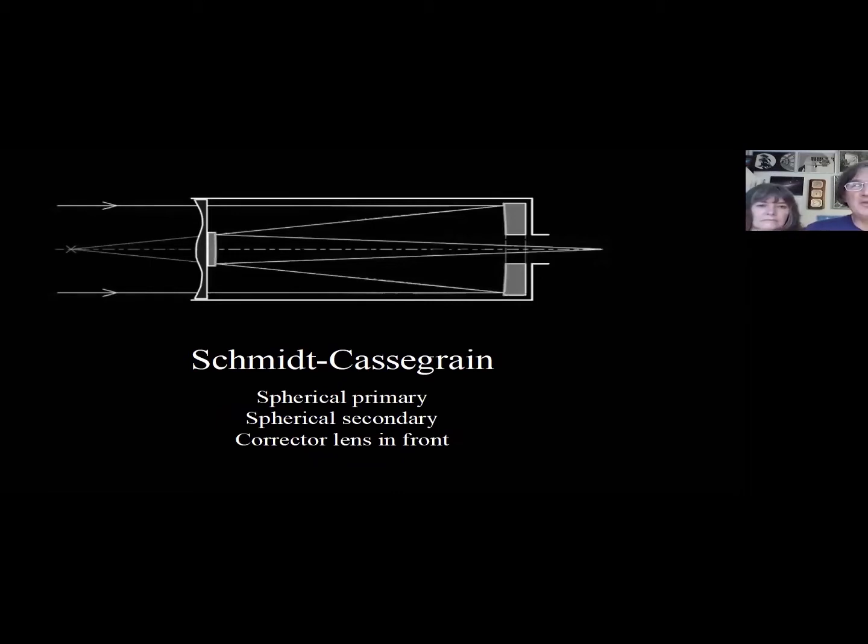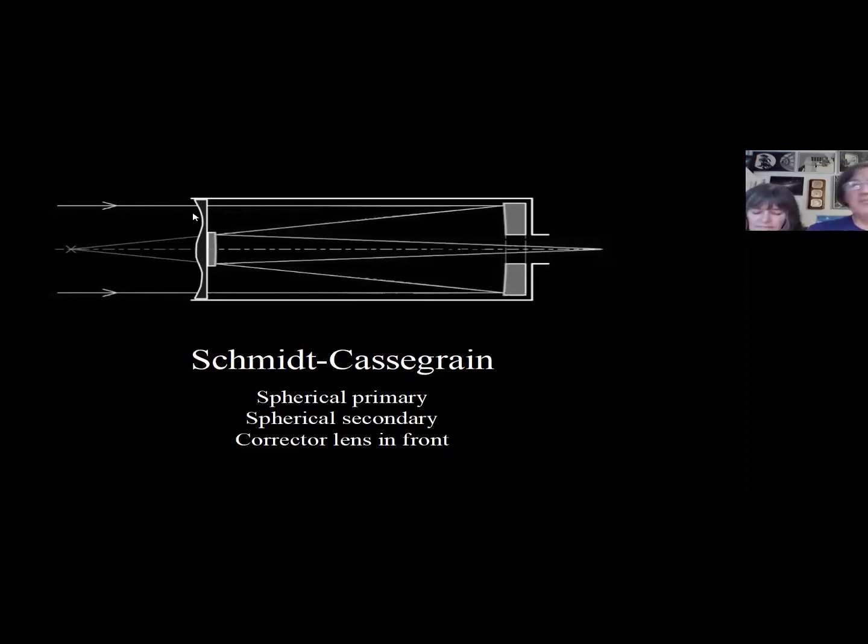The Schmidt-Cassegrain is an interesting variation on that, in that the primary and the secondary mirror are spherical, which makes them very easy to make. You can grind a spherical mirror easier than pretty much any other kind. But the Schmidt corrector plate that corrects for the coma and the astigmatism caused by the spherical primary and secondary was very difficult to make, until a guy named Tom Johnson figured out how to pull a piece of glass onto a metal plate that was bent in the right curve.